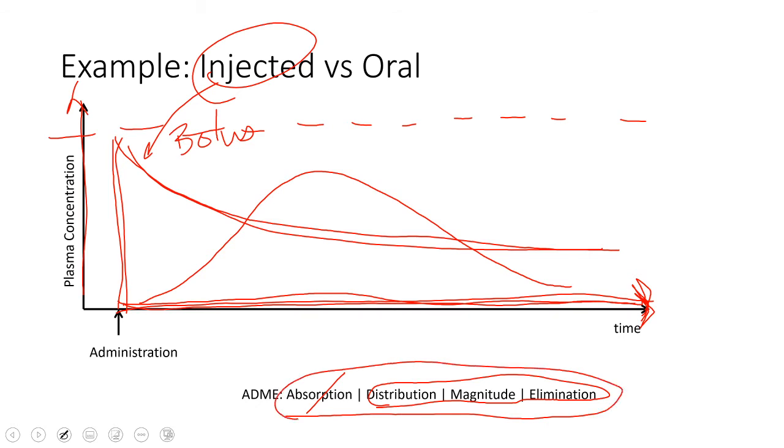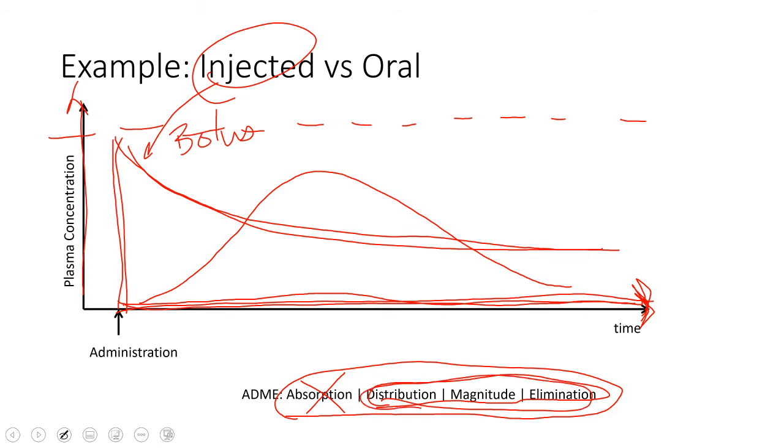So in the case of insulin, you had no absorption if you take it orally. If you don't even get absorption, then how do you even consider distribution, magnitude, or elimination? But if it does get absorbed by the body, then you do still need to consider these.